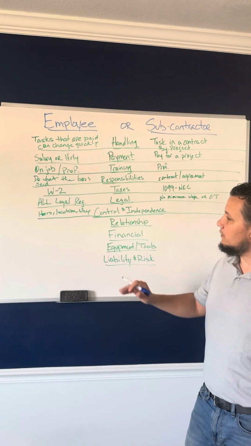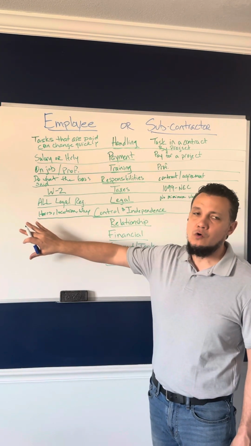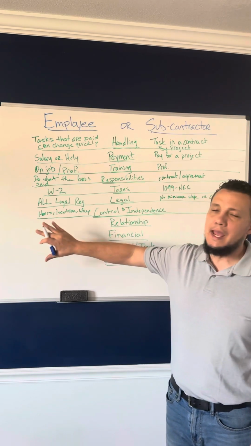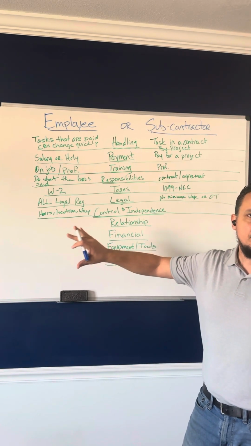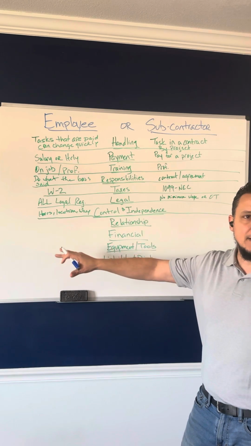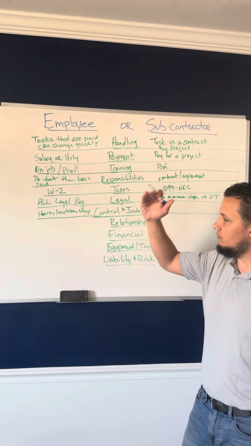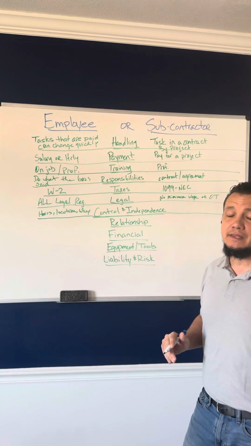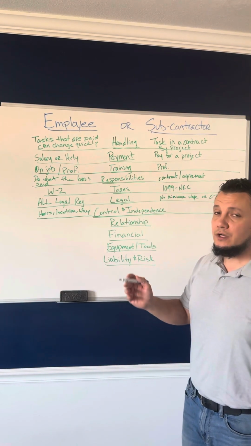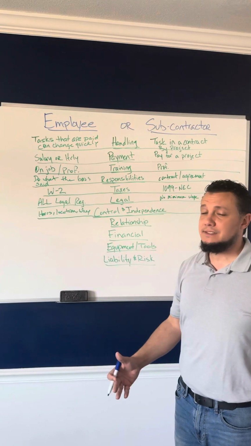This is where you have control over that human asset, okay? The employee is the human asset. You are able to give them a detailed list of you are going to do A, B, C, and D in that order, and you're going to do it at this location at this time.